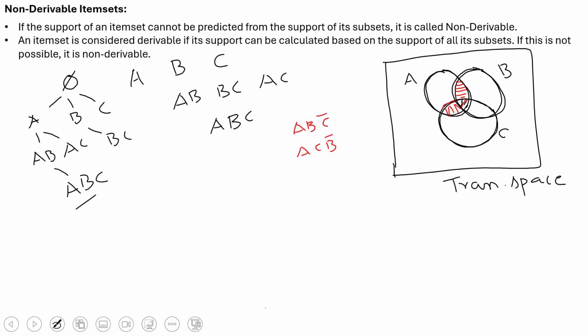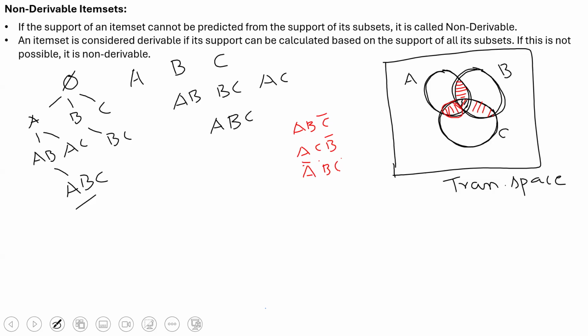This part has A and C but not B. Okay, that is what it says. A and C and not B. Okay. What about this? B, A bar, BC, right? That is what you actually need to read.